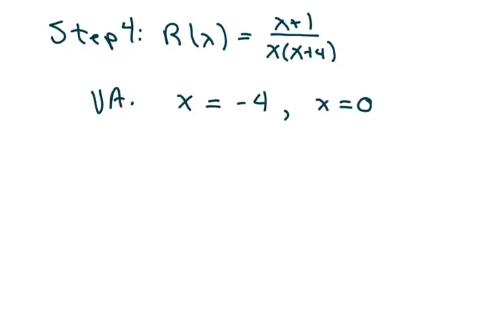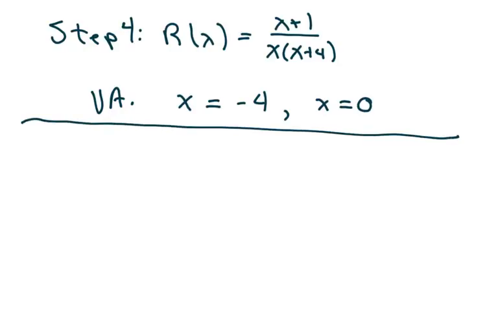Step 5 is to find the horizontal asymptote. Since the degree of the numerator is less than the degree of the denominator, we have a horizontal asymptote at y equals 0.